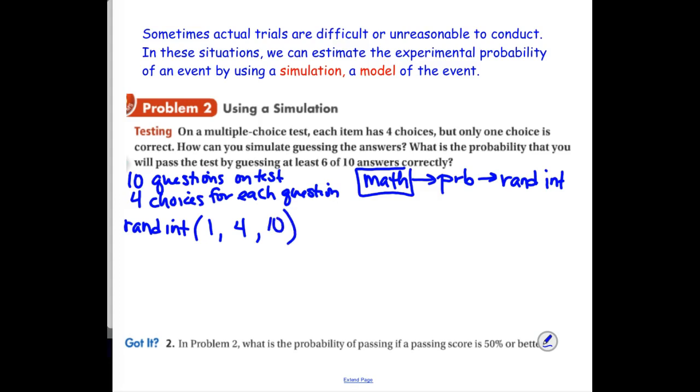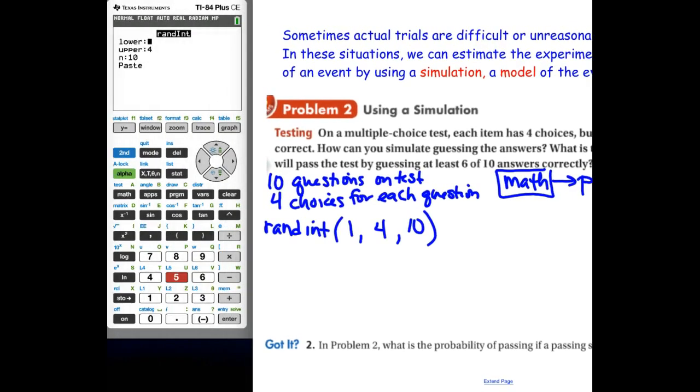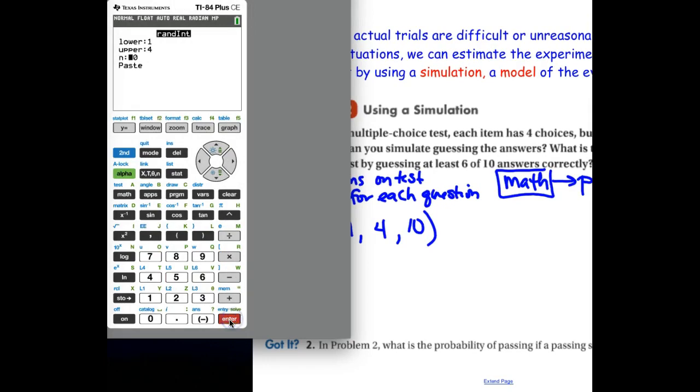So what it's going to do for us when we hit enter is give us a list of 10 numbers between 1 and 4. Okay? Now, on some calculators, you're going to have a little arrow key at the end of that list of numbers, and it has dot, dot, dot.